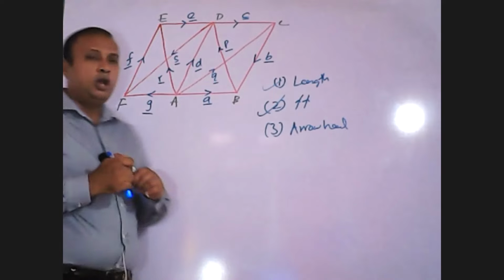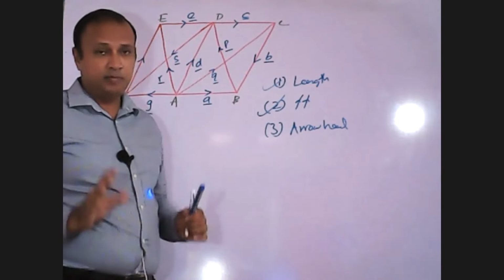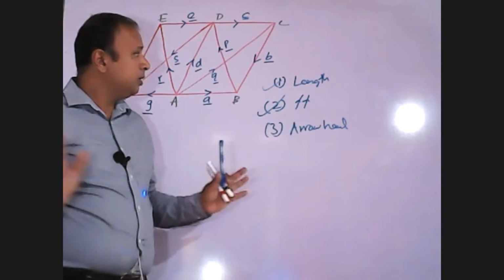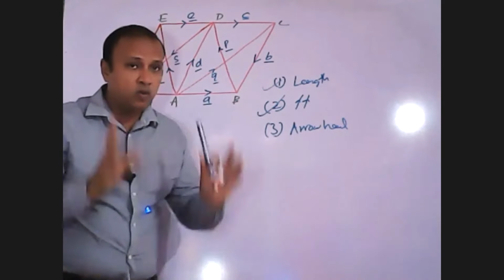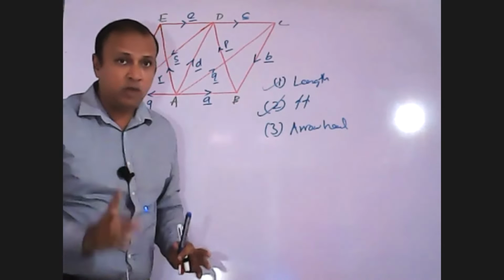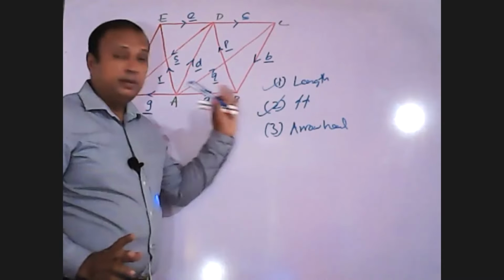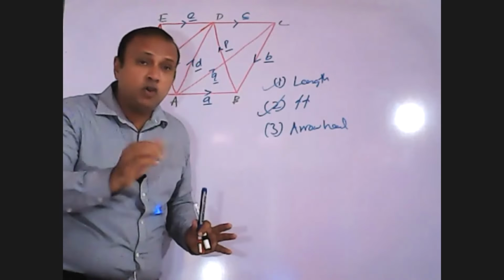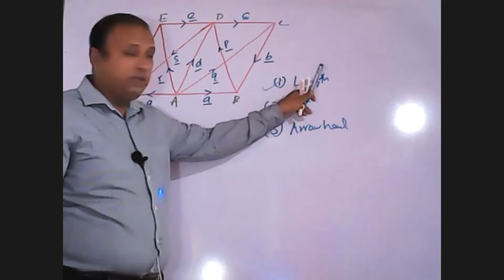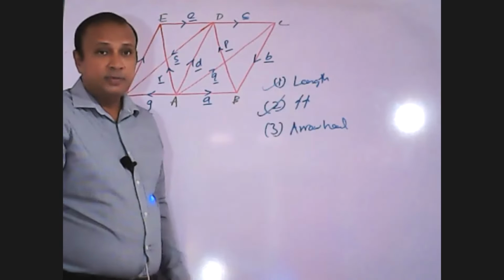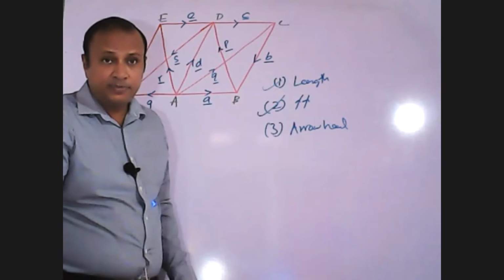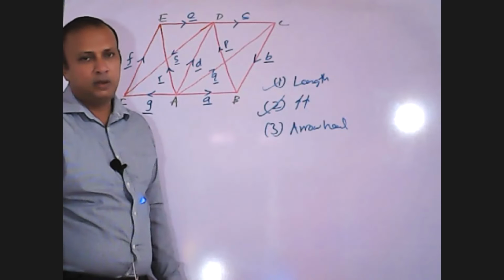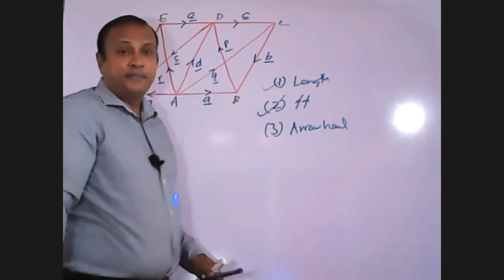Again and again, please understand this. Listen to me. When you are determining whether the two vectors are equal or negative vectors, you have to determine these three things: whether the lengths are equal, whether those are parallel, and the arrowhead.